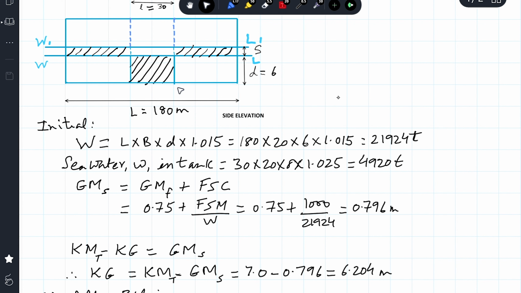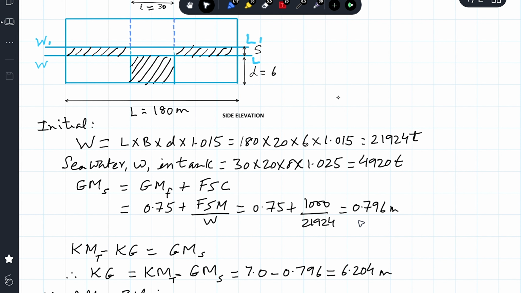FSC due to this slack tank is FSM upon displacement, free surface moment divided by displacement. GM fluid is 0.75. Free surface moment is 1000, displacement is 21924. That becomes FSC, and I get GM solid as 0.796 meter.